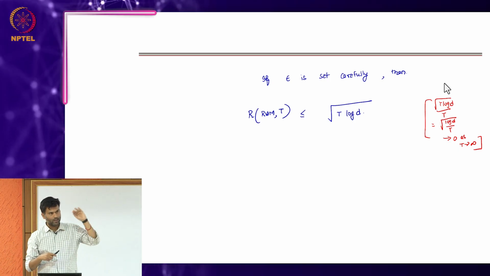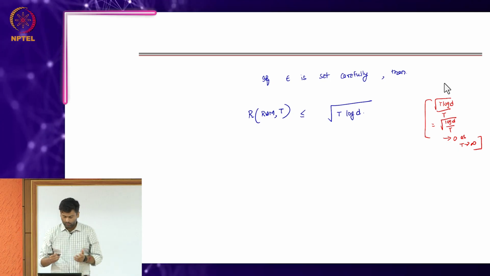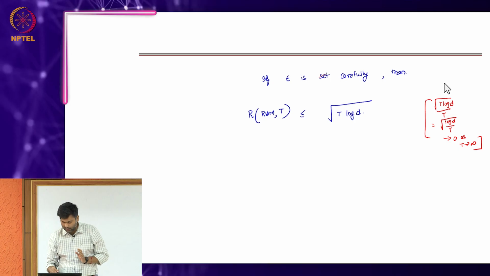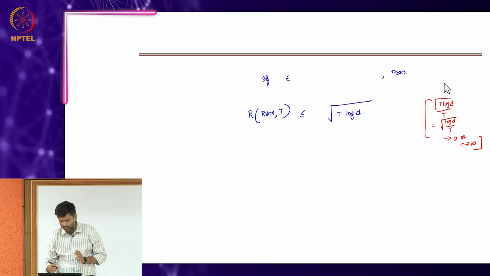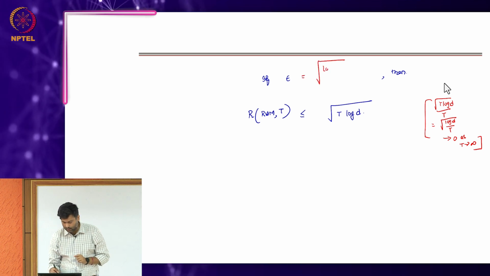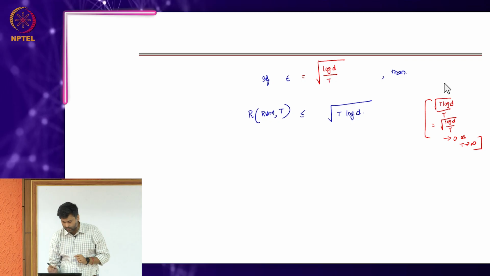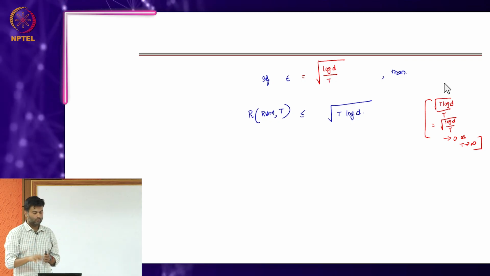That is why you need that careful choice of epsilon. Again, for completeness' sake, I will tell you what epsilon is. This needs to come from analysis, otherwise it is very hard to give intuition for this. You have to choose epsilon as the square root of logarithm of d divided by t. If you choose it like this, then this holds.